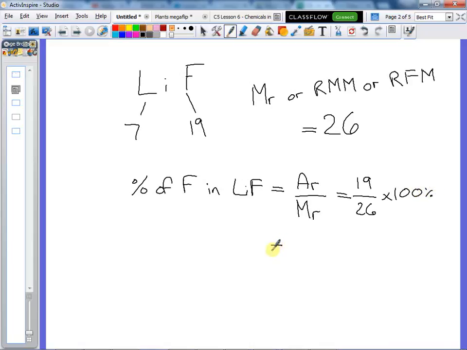That equals 73%. So 73% of the mass of lithium fluoride is down to the fluorine in the molecule.